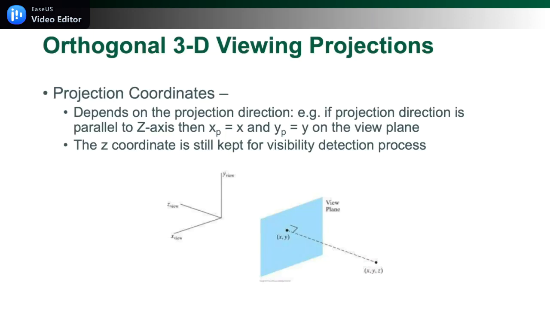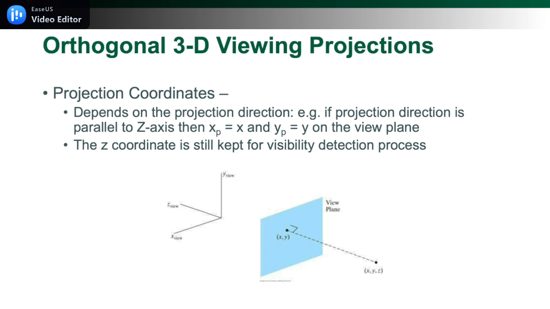Now, in orthogonal 3D viewing projections, projection coordinates are a big thing. Depending on the projection direction, if projection direction is parallel to z-axis, then xp is equal to x and yp is equal to y. xp and yp are the projection points, and x and y are points on the view plane.